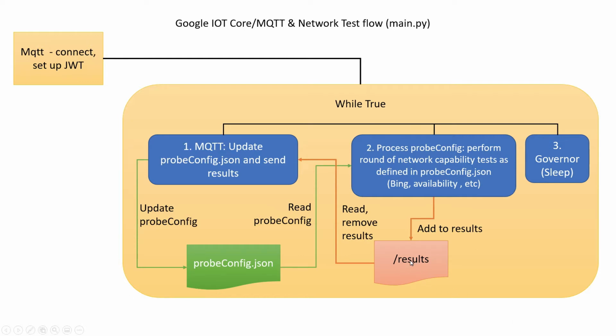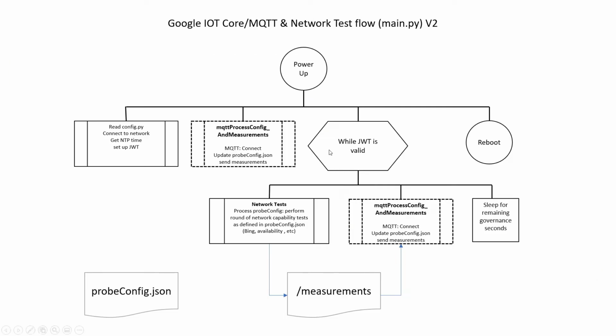I changed it from outputting results to outputting measurements, and more than just the name change. What this allowed me to do is for one probe activity it could output multiple measurements, and it also makes it a bit more generic, so I can collect measurements other than just the predefined probe measurements. So let's have a look at the new flow through this.